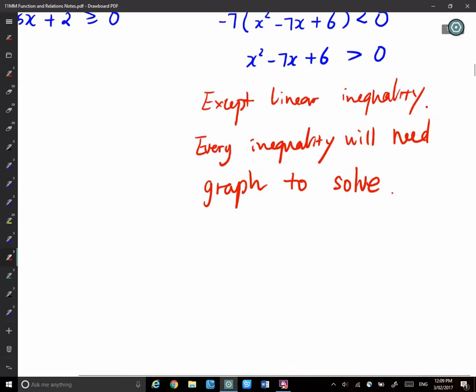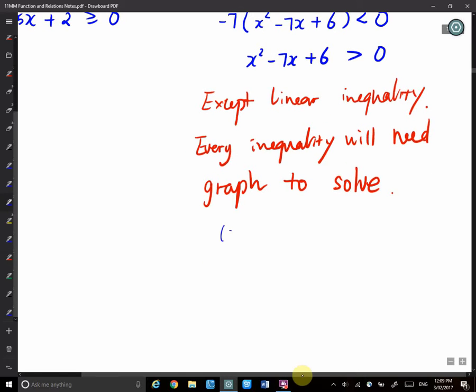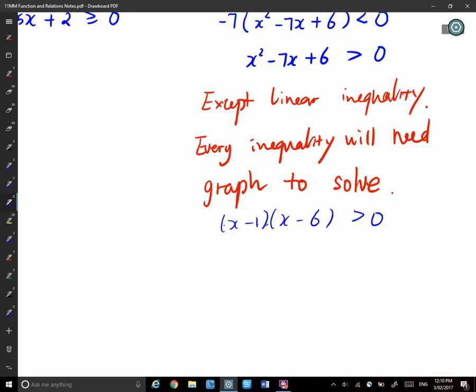To draw this, I will factorize that first: x minus 1, x minus 6. I hope you can see this. x minus 1 times x minus 6 will give you that. That will be greater than 0.